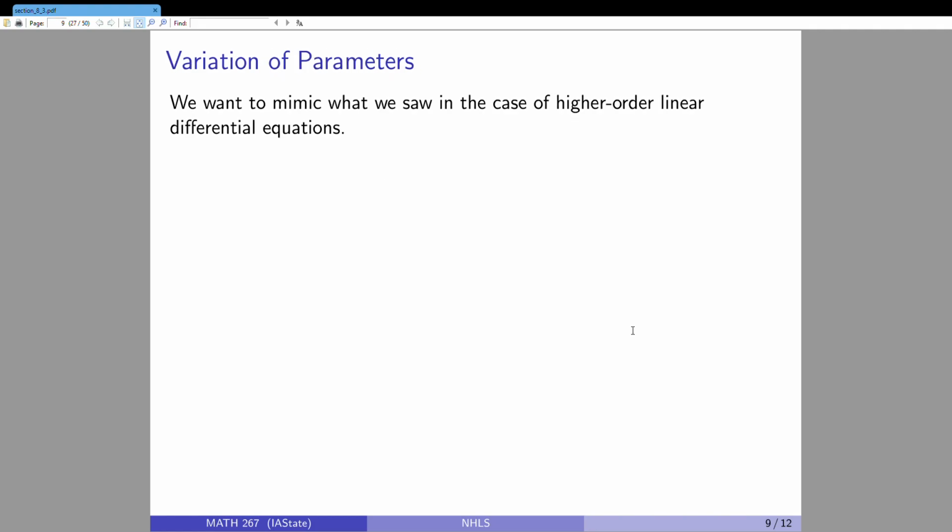So we want to mimic what we saw. Now, what we did before was, well, you'd have an equation. So, for example, take your homogeneous equation, get the general solution, and variation of parameters said replace the scalars with variable terms. Let the parameters vary, hence the name. Now, we could do that, but we can make it look a lot sleeker in this case, right?